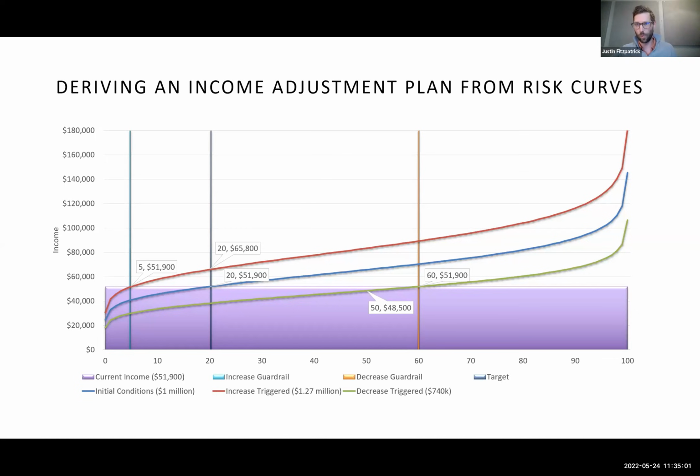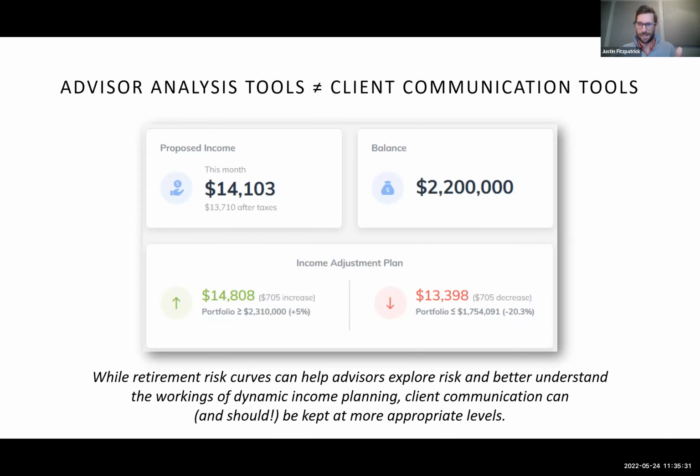And so our plan would call for an increase in income to get us back to that 20 level. On the other hand, if tomorrow, the next year, the next couple of years, we were at roughly 740,000, the reverse would happen. Our risk would suddenly be at 60, and it would be calling for an adjustment down. This is a complicated view that is really just showing there's a method behind this.